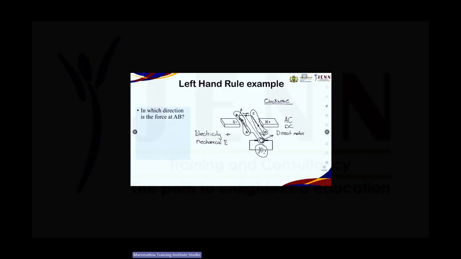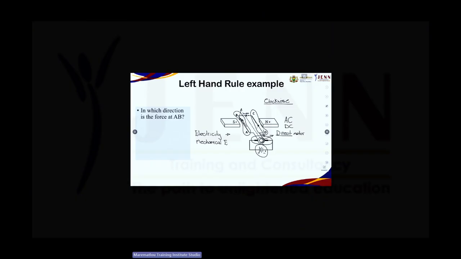AC stands for alternating current, and DC stands for direct current. If we look at the illustration that I have here, that is a direct current motor. The way we know this is because of these components in the circuit that we have.